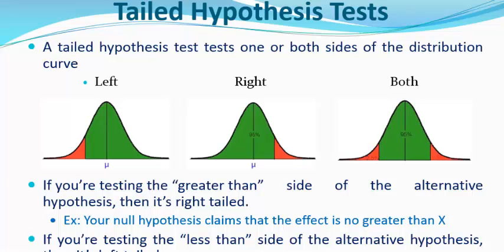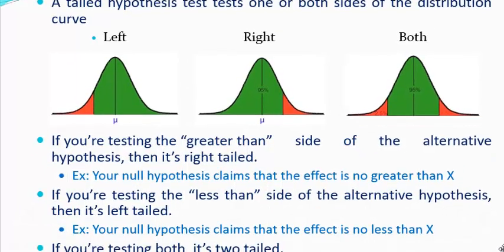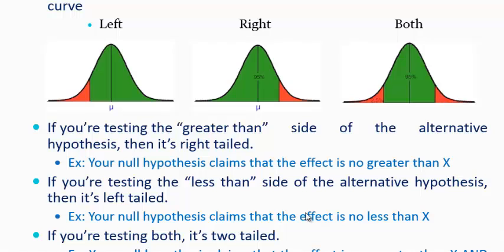So here's a couple of examples you may recall. If you're testing greater than, then it's right-tailed, which means if your null hypothesis claims that the effect is no greater than x, then you have to see if you can find any results that are greater than x. Because if you do find results that are greater than x, that's not a good thing.